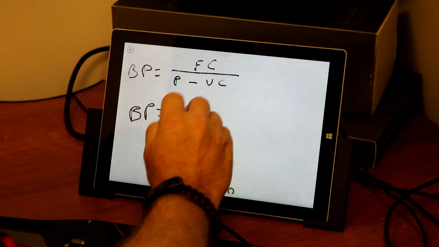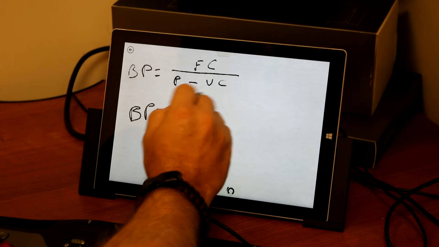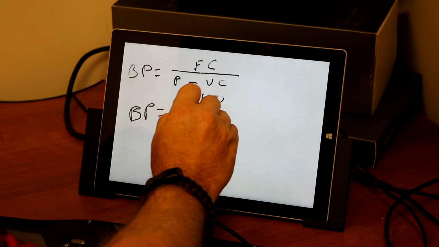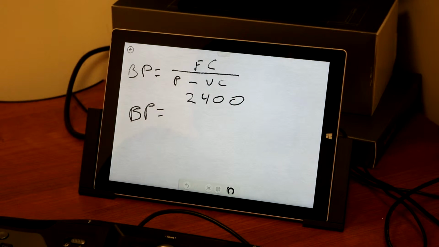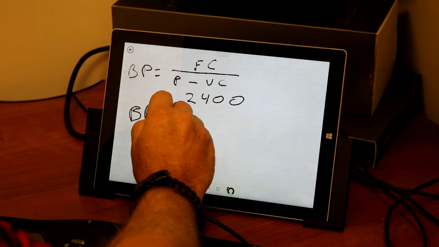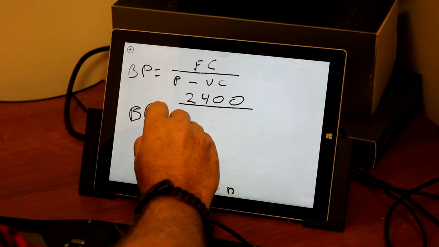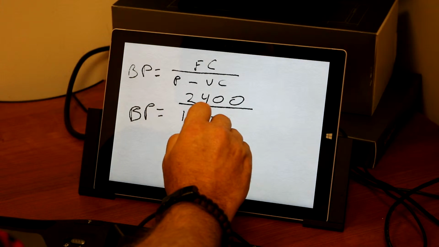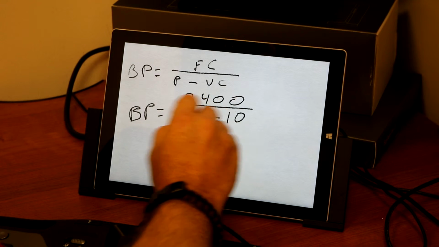that will equal our fixed costs, which, let's say our fixed costs are still $2,400. But in addition to that, we're paying $10 per item that we're going to sell. Just to make the math easy, we're going to sell the item at $110 minus our variable cost per unit, which we just said is $10.